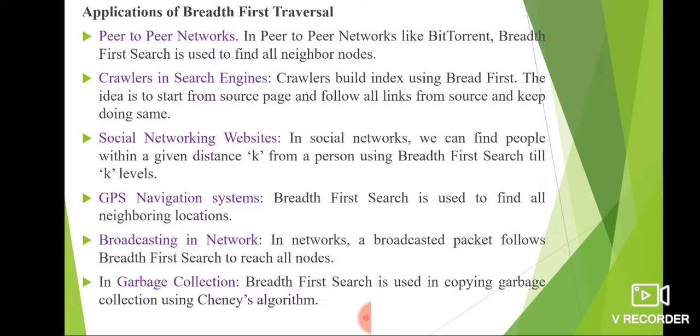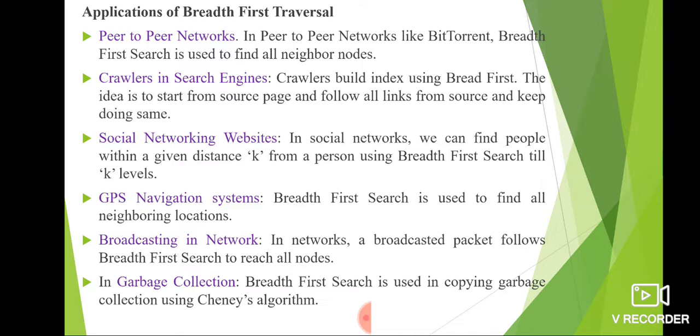Hope you remember what BFS and DFS are. They are two popularly known graph traversing algorithms. Using the breadth-first traversal algorithm, you can easily search particular concepts in crawlers. And using breadth first search, you can find the people within a given distance k from a person in a social network like Facebook.